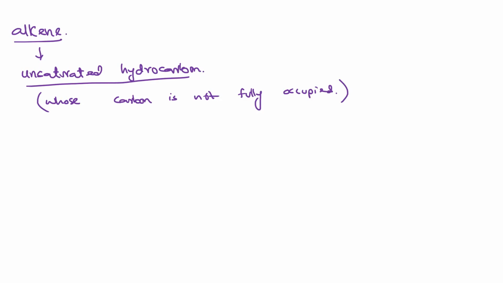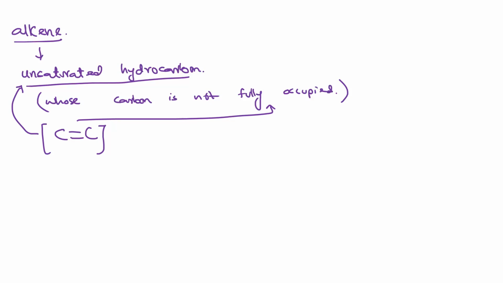Yeah, that is what it would be. So if a carbon to carbon double bond is present, this carbon and this carbon are not fully occupied, they can even make one more bond. So that's making them unsaturated. Do you get it? Yeah.